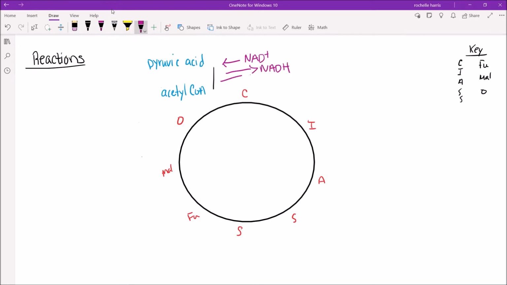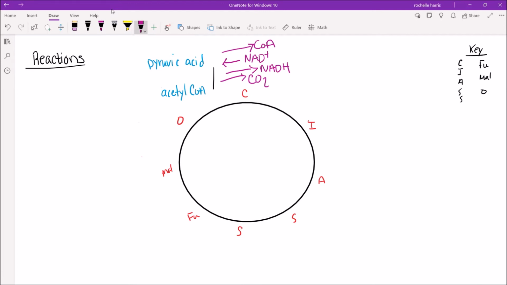We also have carbon dioxide leaving, as well as CoA. It is our coenzyme A that also leaves the reaction. Remember that.